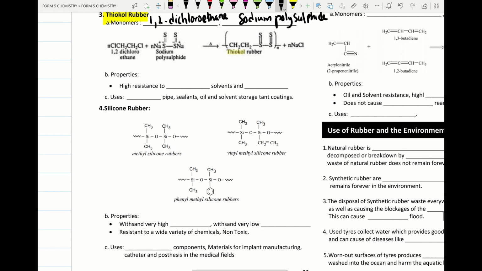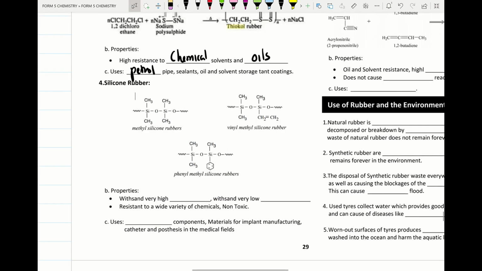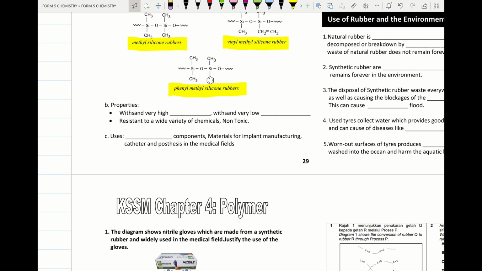The properties of this thiokol rubber: it has high resistance towards chemical solvent and also oil. So the thiokol rubber is used as petrol pipe, sealant, and oil and solvent storage tank coating. All right, so next one, silicone rubber. Examples of silicone rubber are methyl silicone rubber, vinyl methyl silicone rubber, and phenyl methyl silicone rubber. The properties of silicone rubber: it can withstand high temperature.